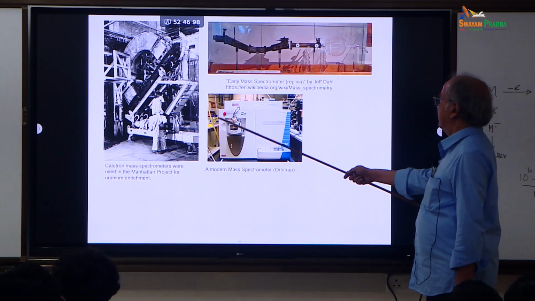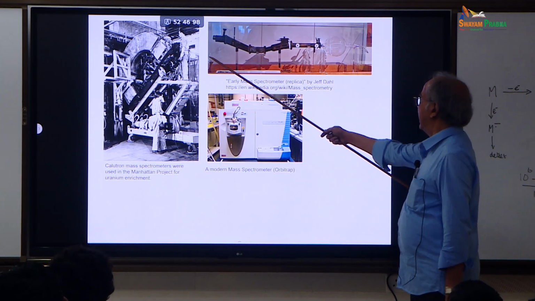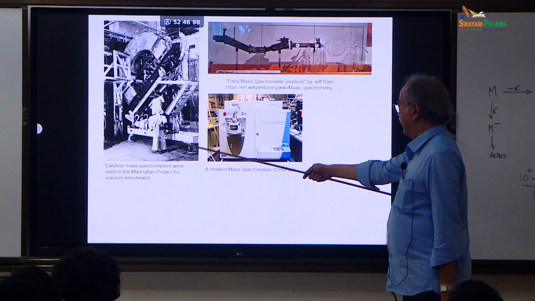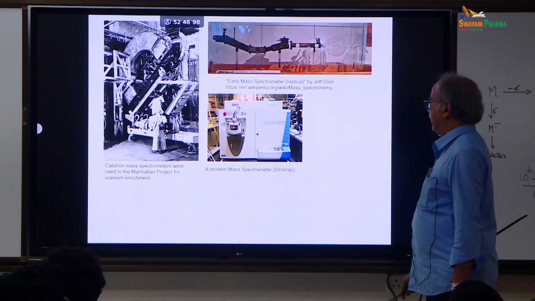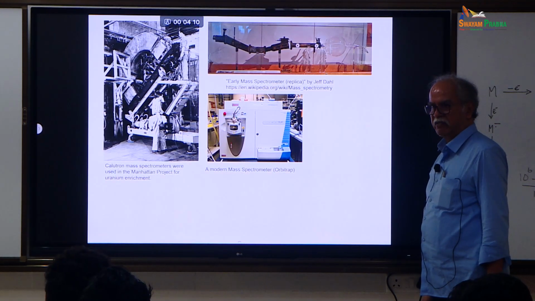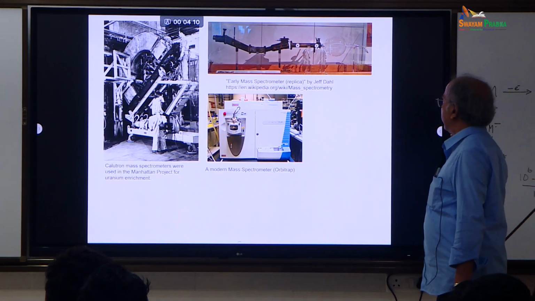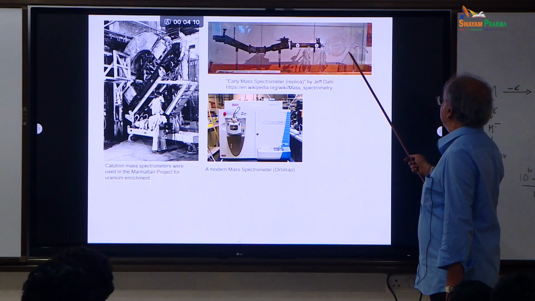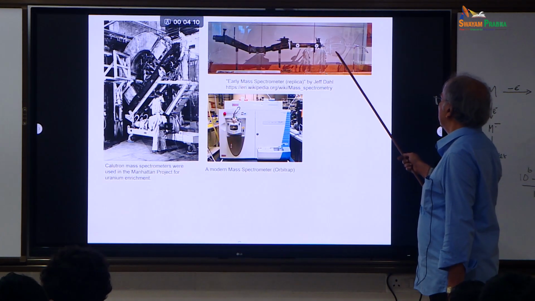Just look at the size of it. It is taller than a building. You can see there is a guy standing here doing something. And to assemble such a massive unit is a waste of time. You can do better by having an ionization chamber which is glass.